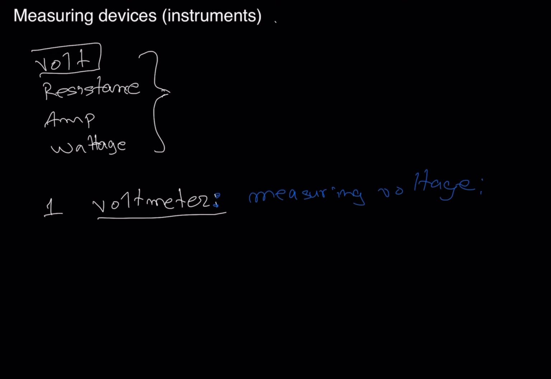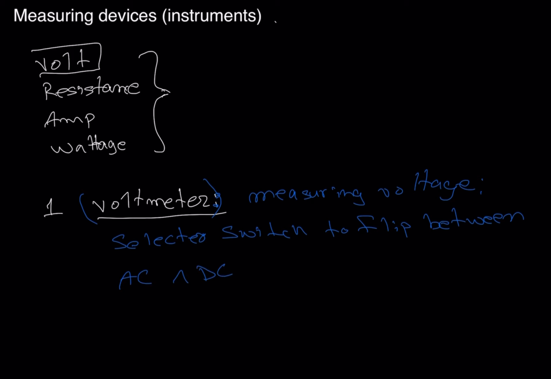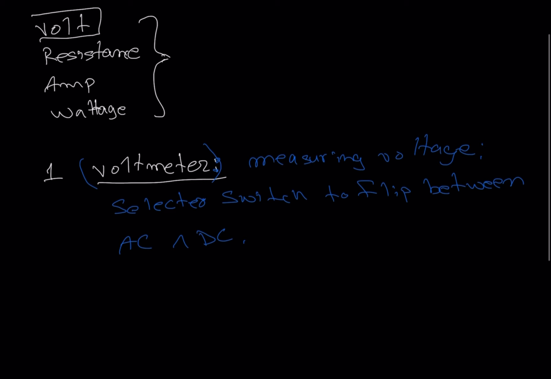Some of these meters that we are using, voltmeters, are not automatic, so they might have a selector switch to flip between AC and DC, and some of them are automatic. They will just automatically detect if it is sinusoidal, which is AC, or if it's DC, direct current.